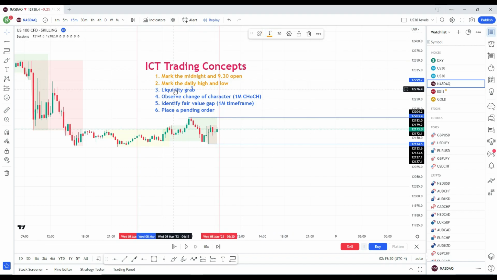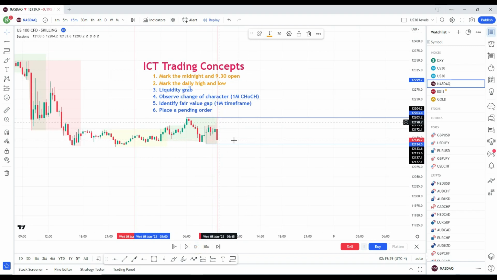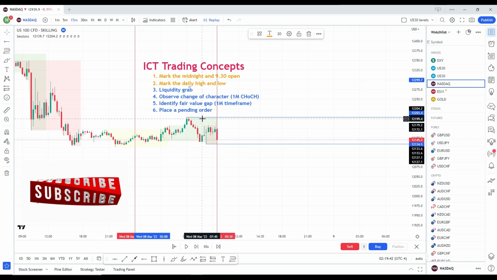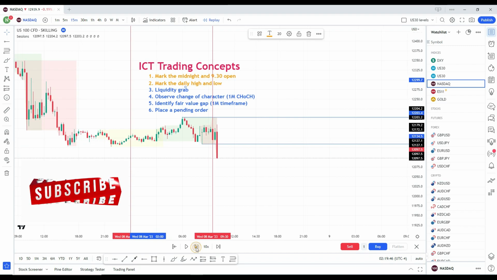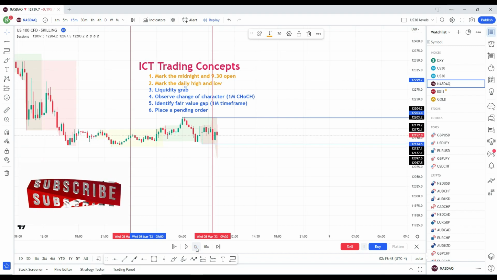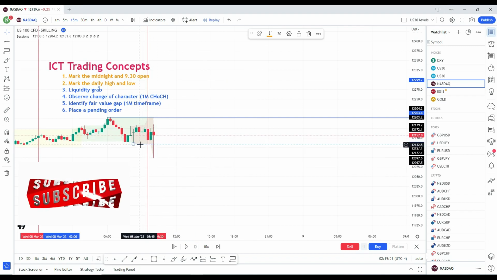next we'll check the liquidity grab. So liquidity grab will be after 9:30. Let's see if there will be any liquidity taken in either of the daily high or daily low. There is liquidity grab on the daily low.